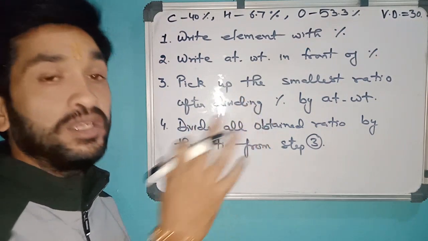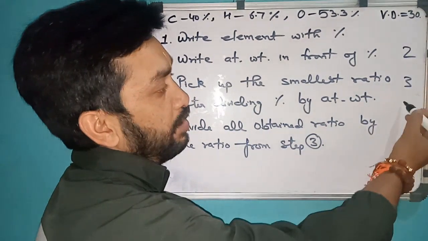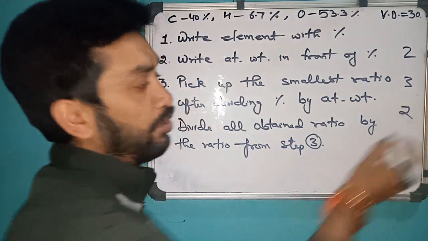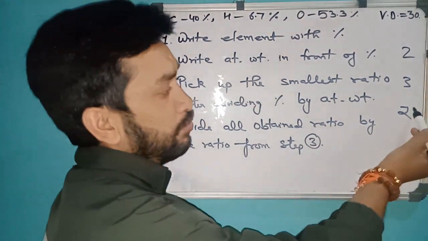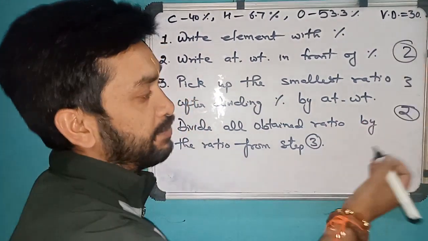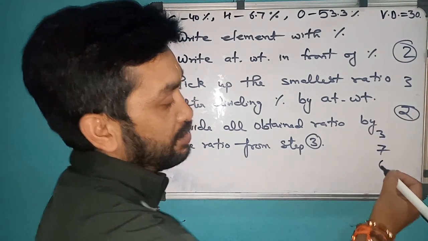In the third part you are going to get many ratios. Suppose you are getting 2, 3, and you are getting again 2. Okay, suppose like this you are getting. So what you have to pick is, you have to pick 2, because 2 is also here, 2 is also here. Suppose you are getting the ratio as 3, 7, and suppose 6 you are getting.